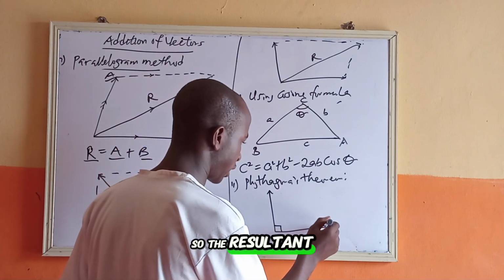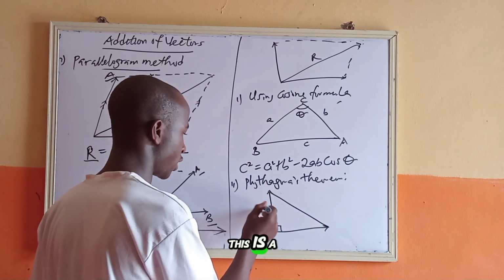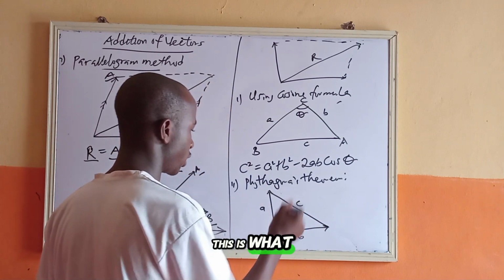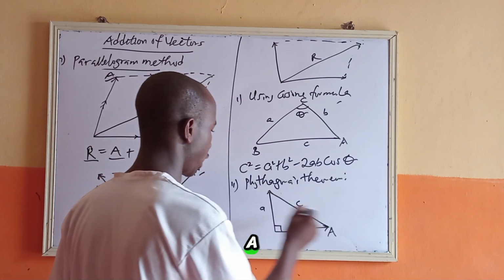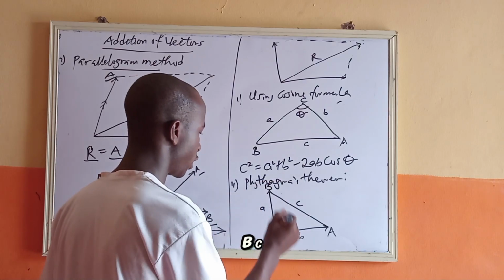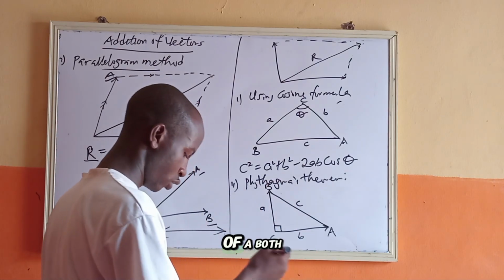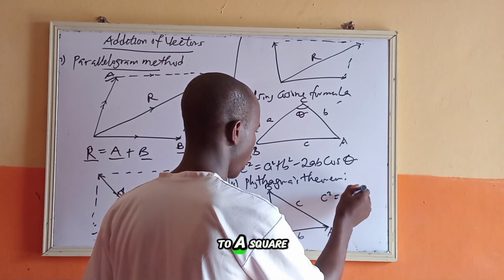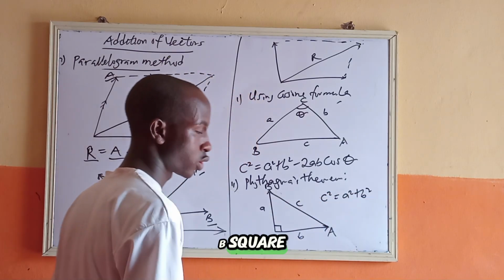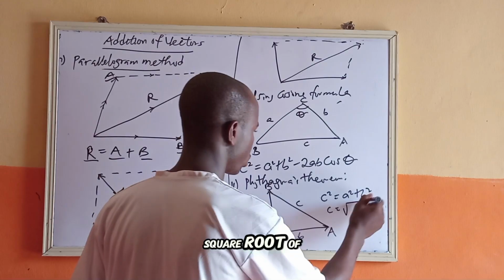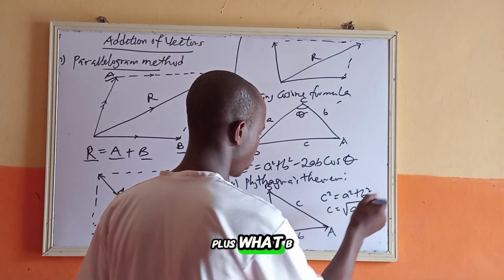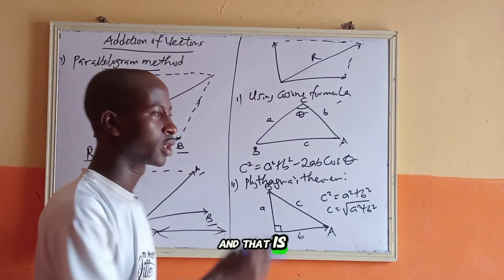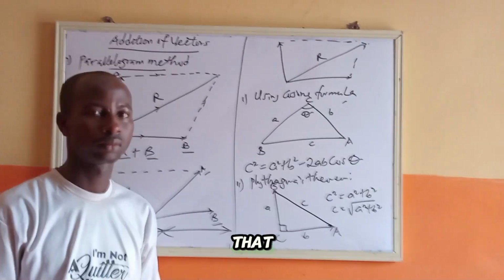The resultant of the two vectors, this is A, this is B, this is C. So the resultant of both of them will be C squared equals A squared plus B squared. That is, C equals the square root of A squared plus B squared. And that is how to solve that.